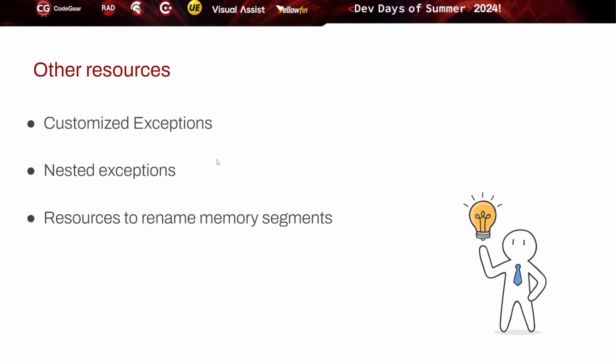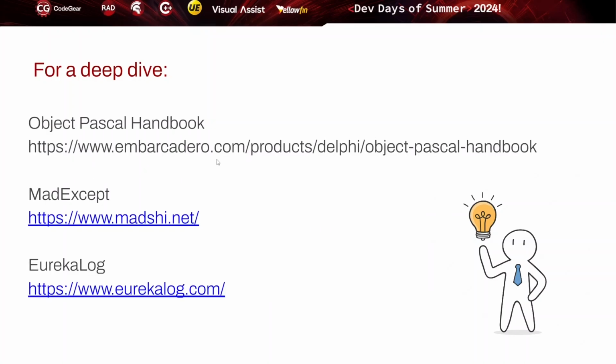So you can have nested or inner exceptions linked to one another, so you can see from the root of the problem what was the real problem that generated that exception, not only the end exception that you are showing to your user. Okay, and you can also have resources to rename memory segments to make it easier for you to understand what routine and what kind of error you are dealing with.